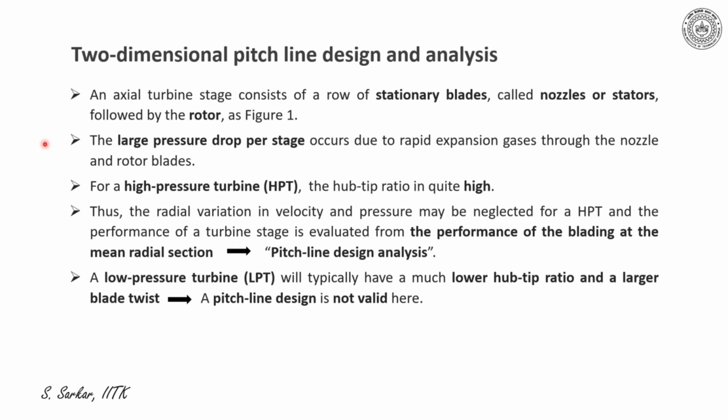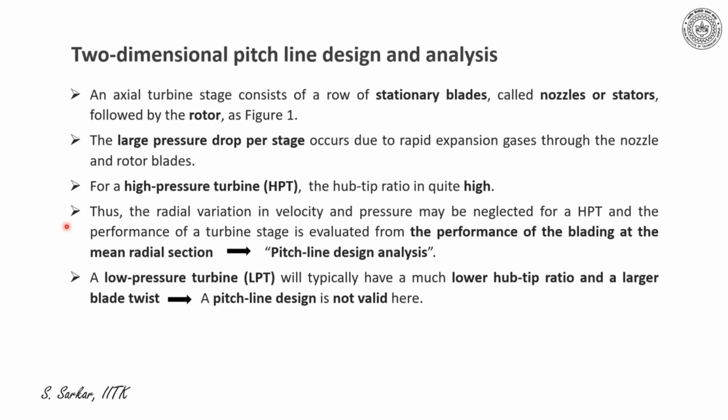The large pressure drop per stage occurs due to rapid expansion of gases in the nozzle and the rotor blades. For a high pressure turbine, which is often designated by HPT, the hub to tip ratio is quite high. That is, the blade height is small here.